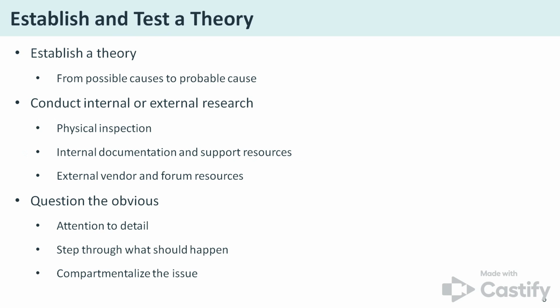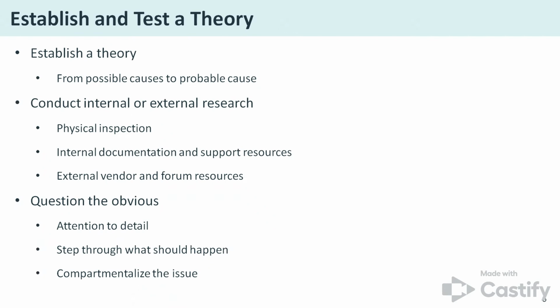That means you look at the physical aspect of the system, internal documentation and support resources, and external vendor and resources. There are a lot of times when it might be a hardware problem. So before you go extensively into it, you must look at the documentation about the hardware.